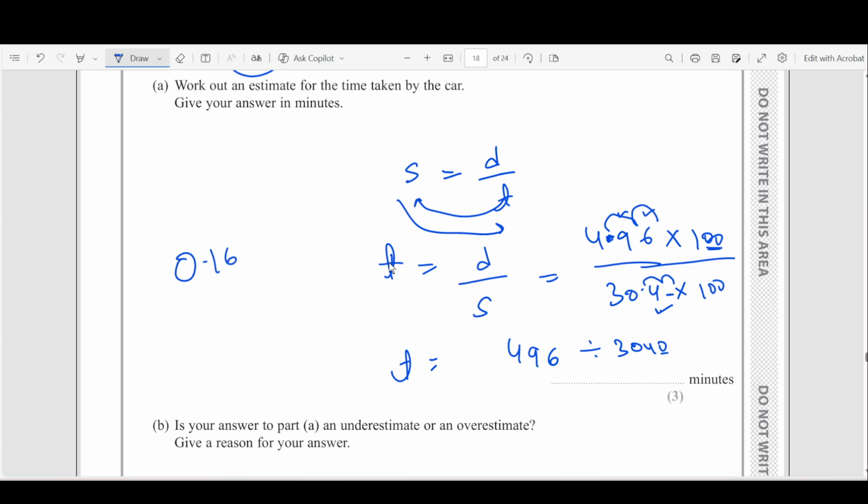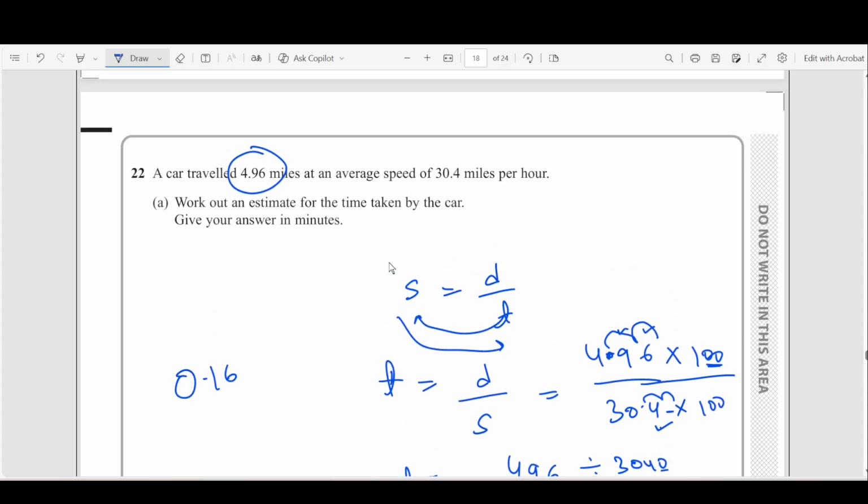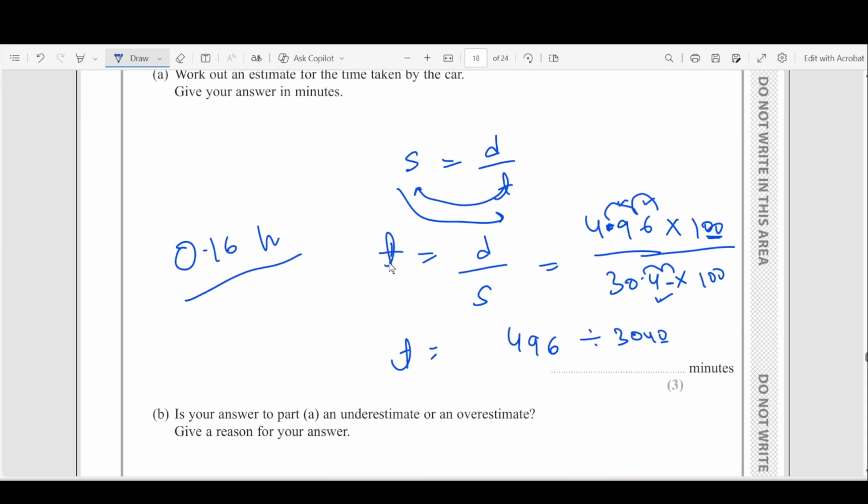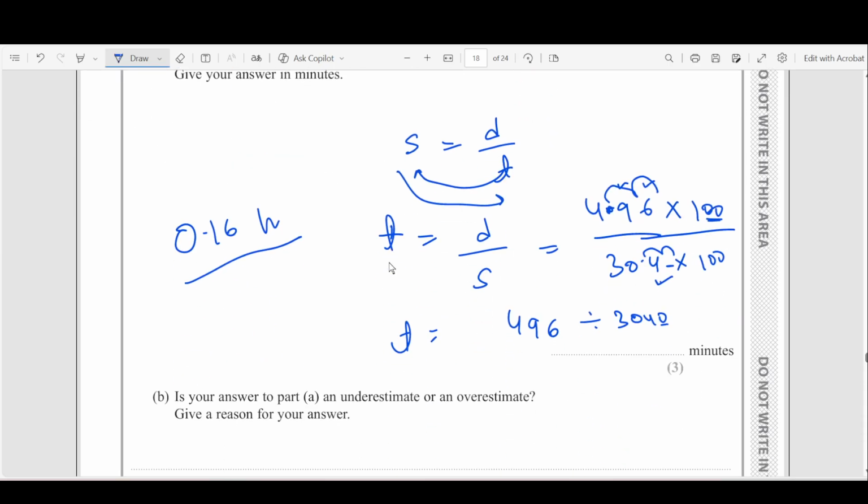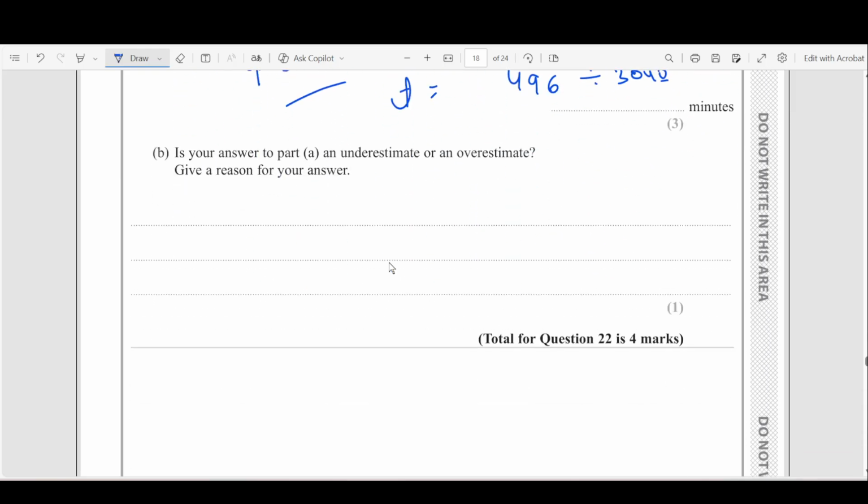Sorry, this is time, and the speed is given in hours, right? So this is what we got in hours. Okay, so I think what we can do is convert it into minutes, we will multiply it by 60. So 0.16, if we times it with 60, we get 9.6 minutes. Okay, that's the answer.